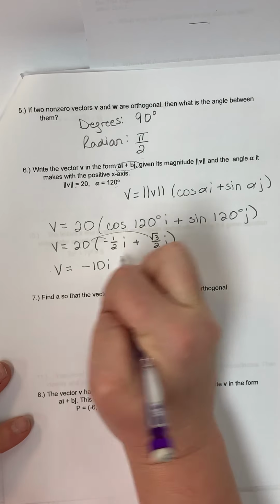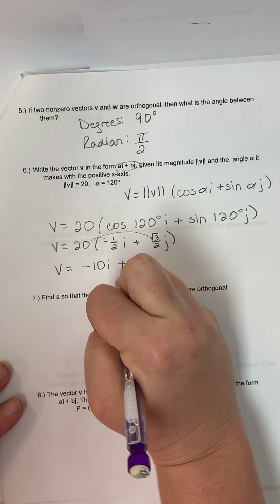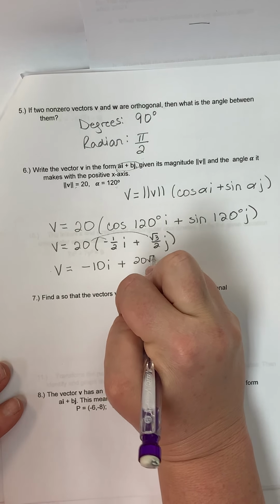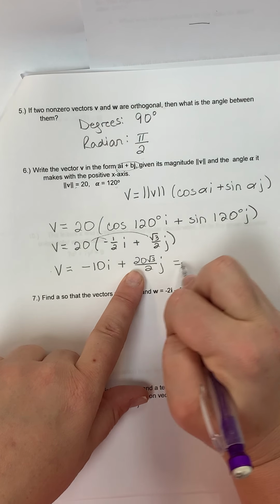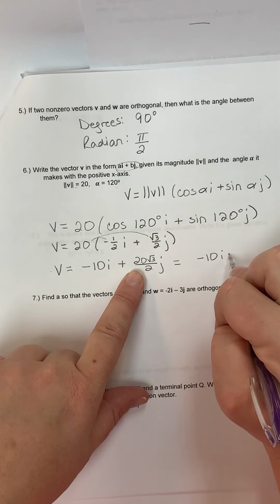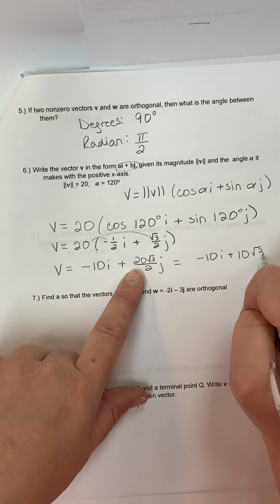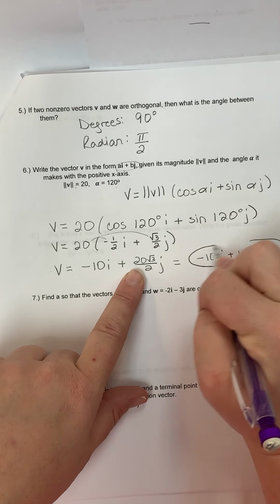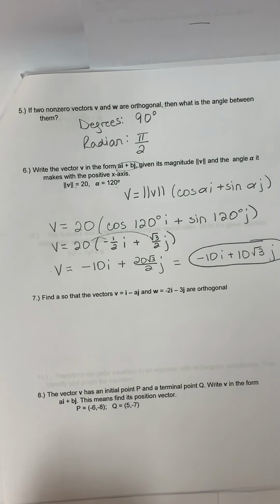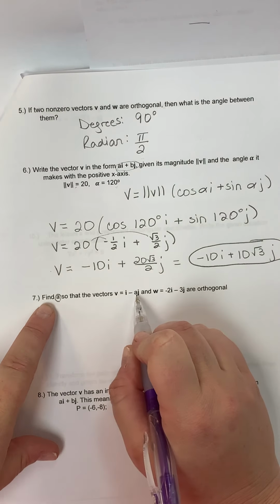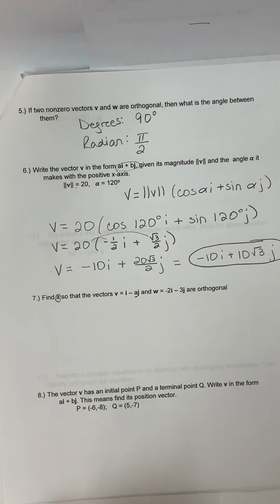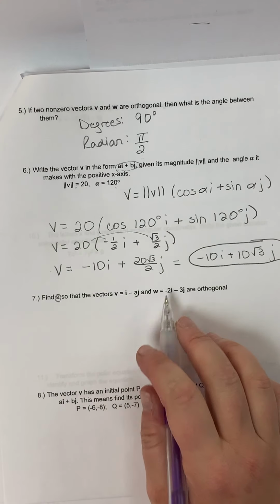I'm going to get negative 10I plus 20 root of 3 over 2j. Now we can still reduce this, so keep going. There's your final vector, just like that. Okay, that's your answer.